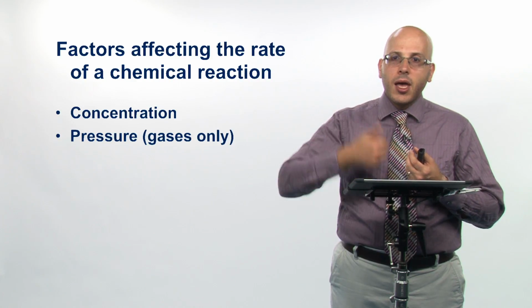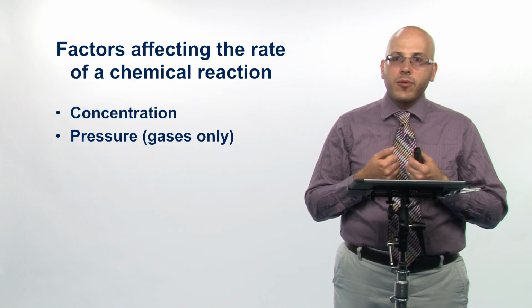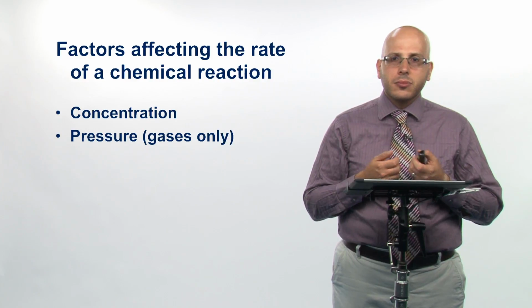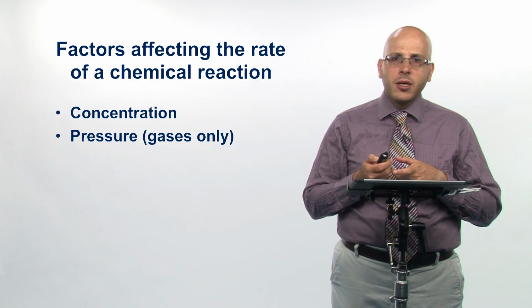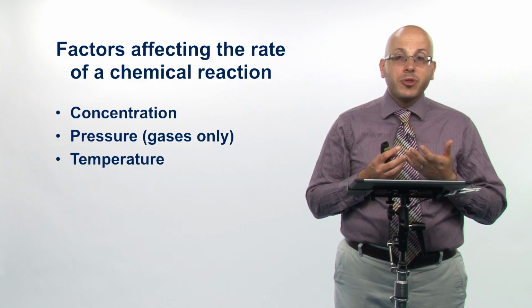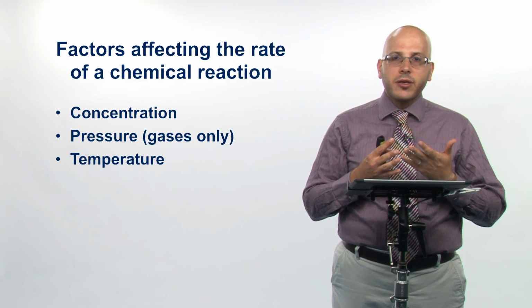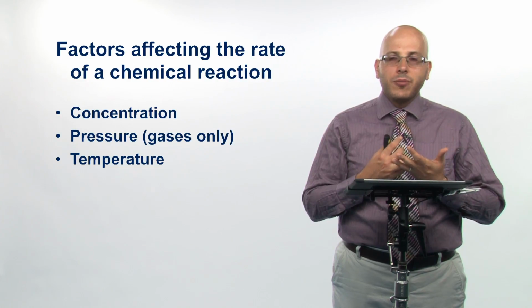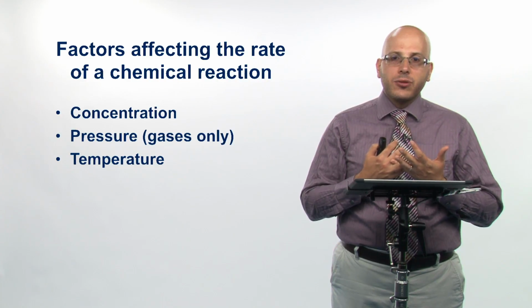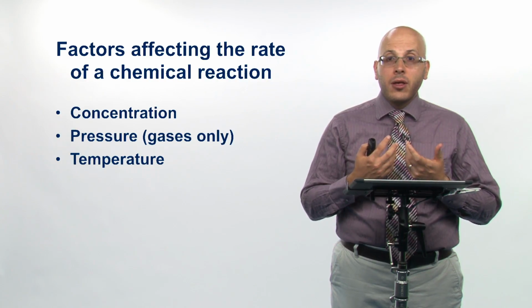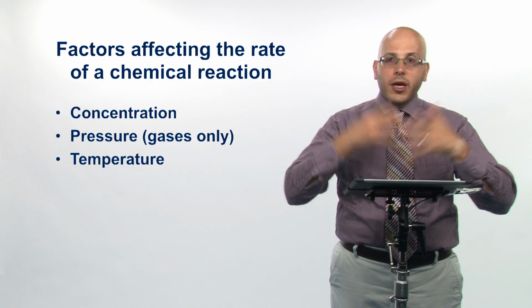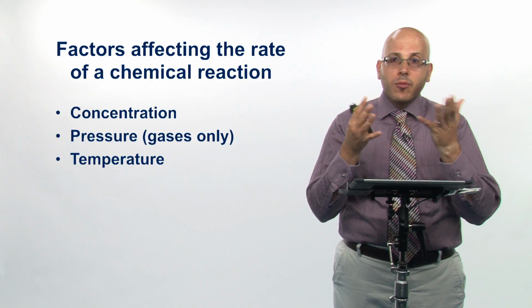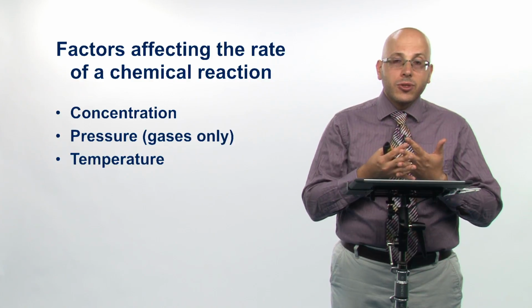So generally speaking, higher pressures also make the reactions go a little bit faster. The next thing that might affect reactions is temperature. Temperature virtually always affects reactions, because temperature is related to the average kinetic energy of the molecules. So the greater the average kinetic energy, the more likely they are to move around, and then the more likely they are to collide with each other and do something.